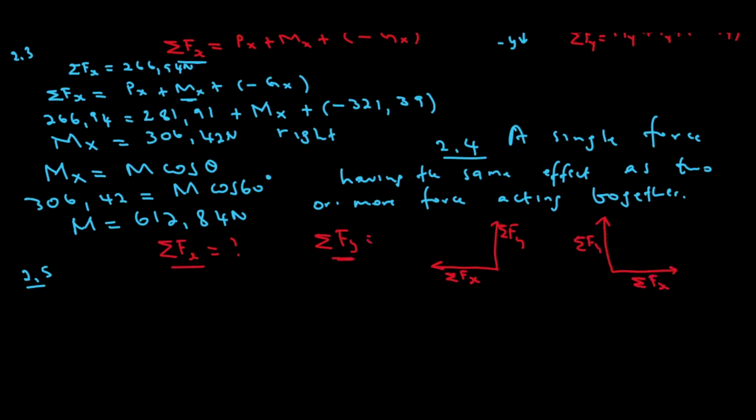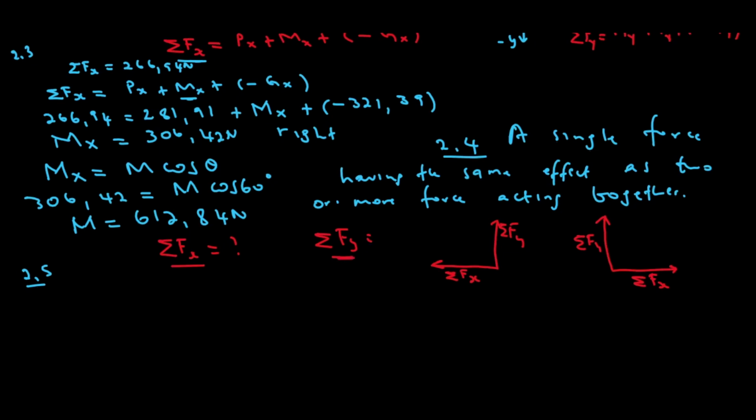All right, so what we're going to do, we're going to say, okay, what is the magnitude of M in Y? This is going to be M sine theta now. Okay, so the magnitude of M is 612.84. Oops. Let me erase what I just did here. So this is 612.84 sine of the angle.